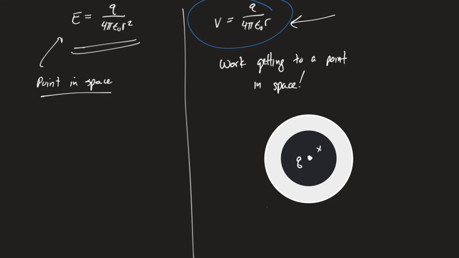I'm not sure you could just figure out how far apart these are and use that relationship for the electric potential. Because I can't go from here to here without going through a region of space that has an electric field of 0.